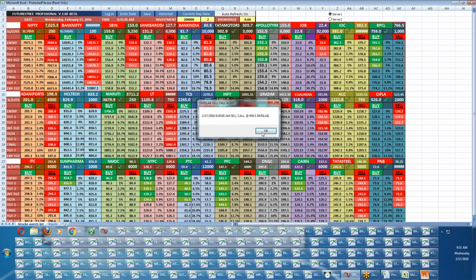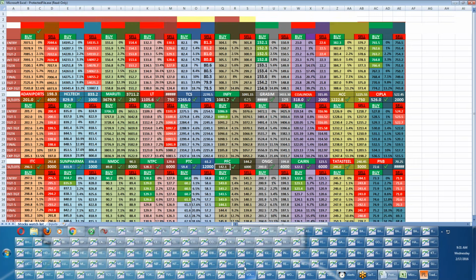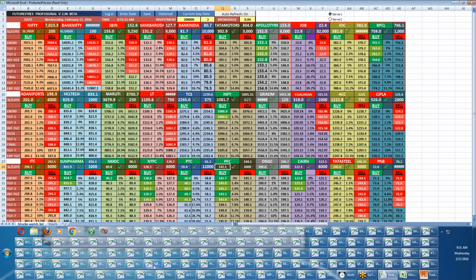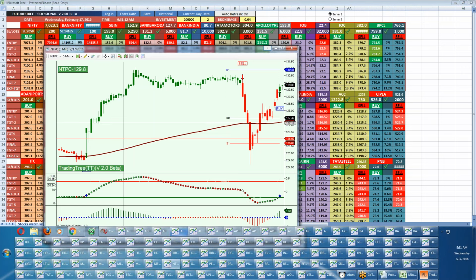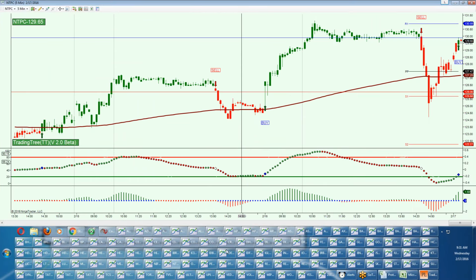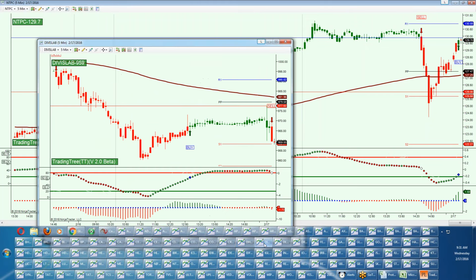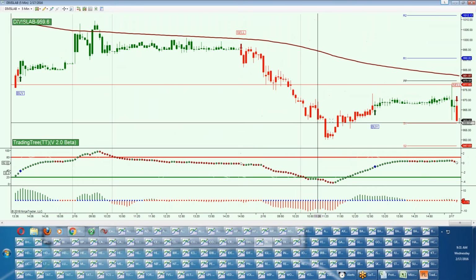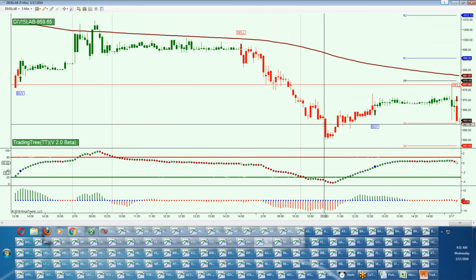At Divis we have a sell. So there you have that buy call. So your entry is here. They had a sell in Divis. So you can short it right below this S1 level, 957.